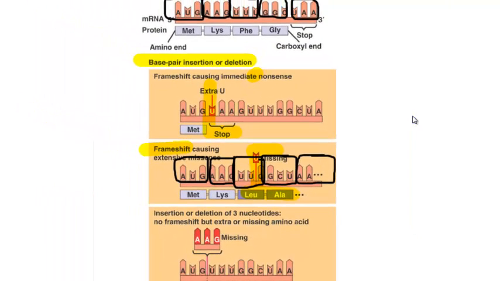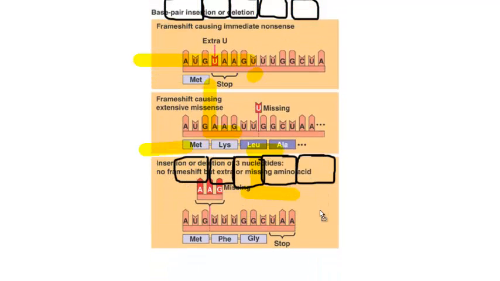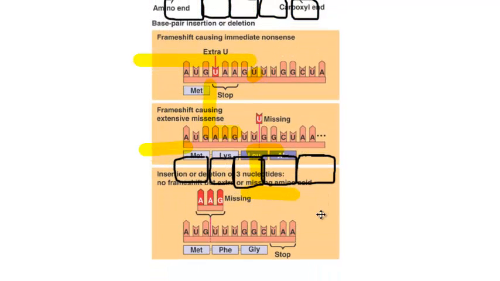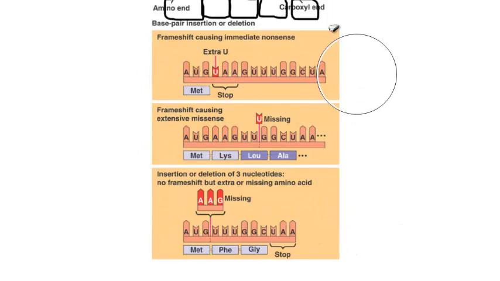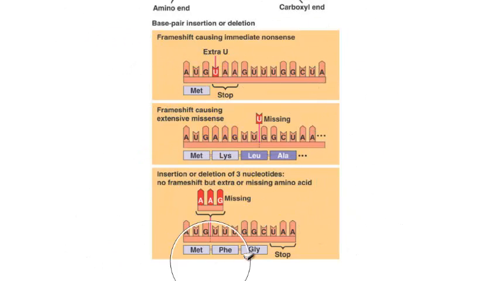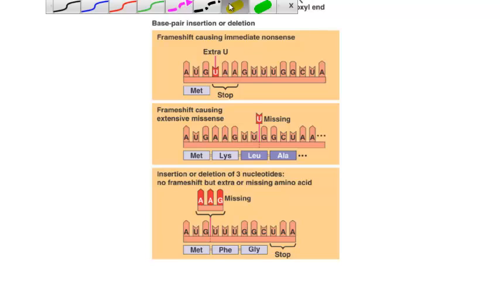The last one down here at the bottom takes out more than one base. And this does not cause a frame shift, but it could cause an extra or missing amino acid depending on if three bases are added or if three bases are subtracted. You can see in this one, it took out a whole set of bases.